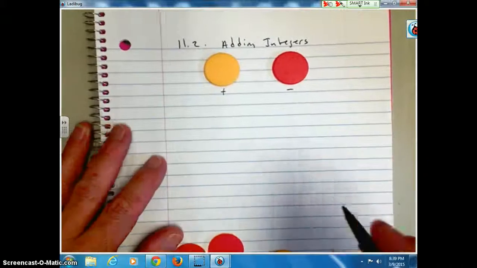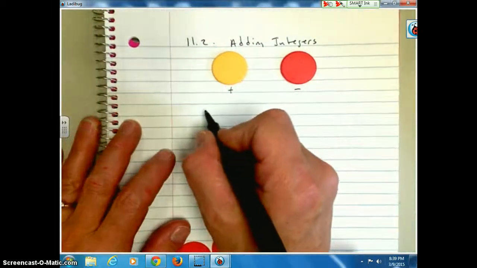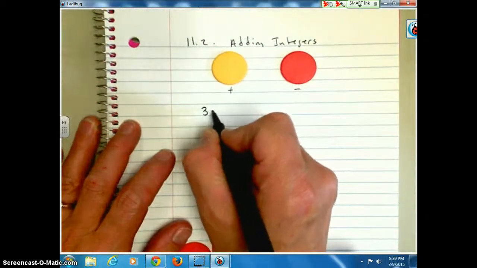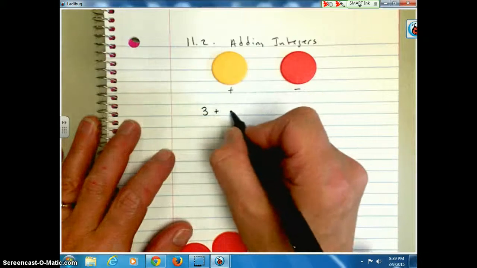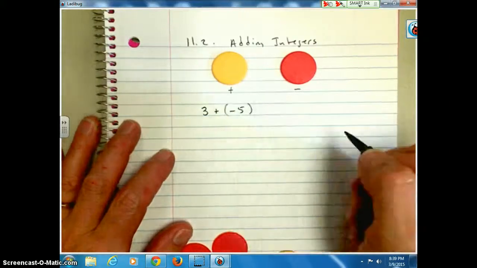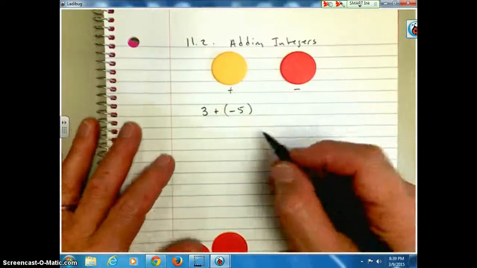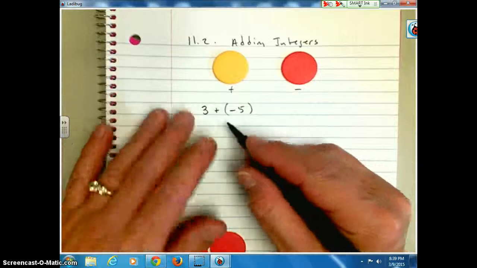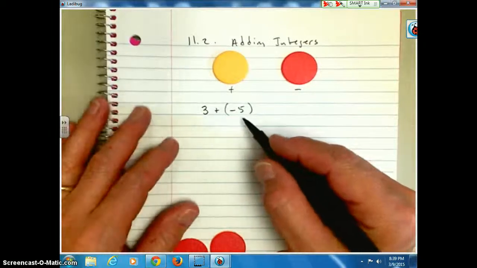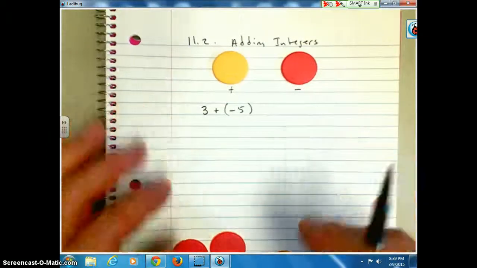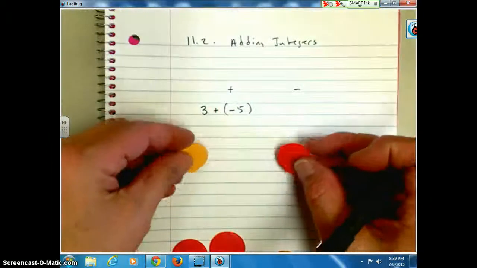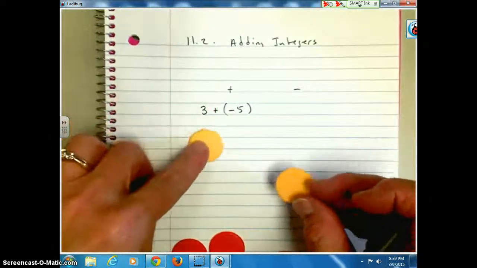And so let's say we have an example like this. We'll keep our numbers really small. We're going to say 3 plus a negative 5. And we're going to put brackets around the negative 5 so that we don't get that mixed up with another symbol. So in this case, we're going to have 3 positive chips.